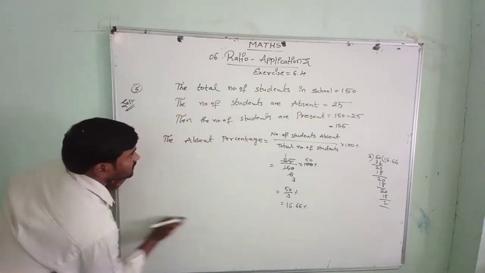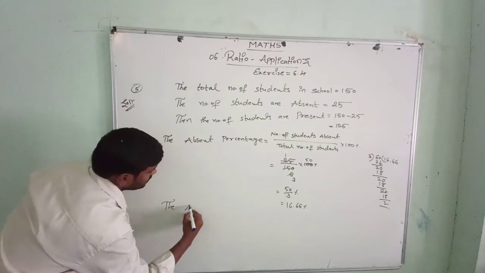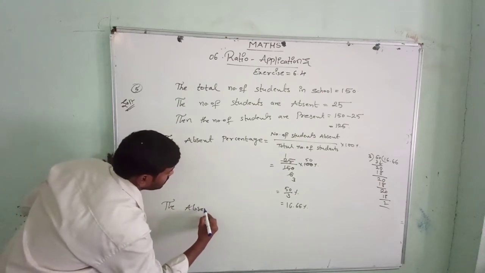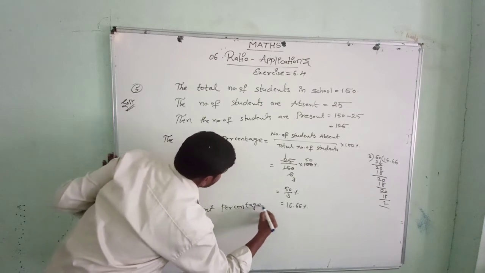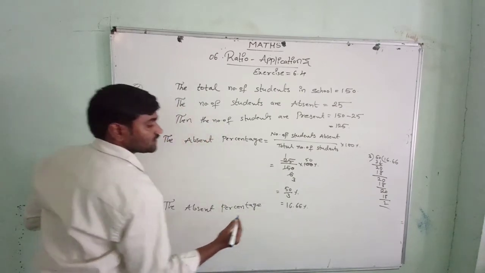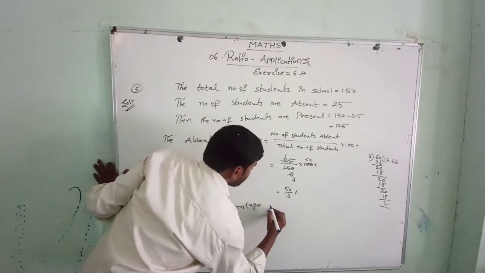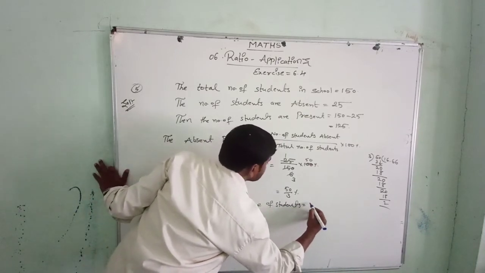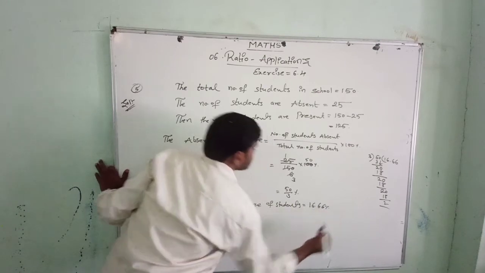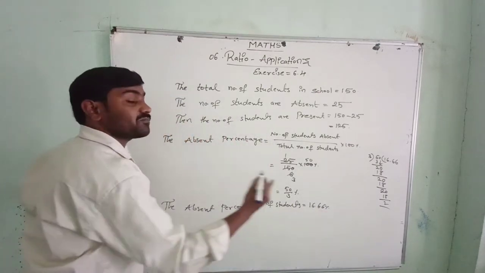The absent percentage of students is equal to 16.66 percentage. Then what is the percentage of present?